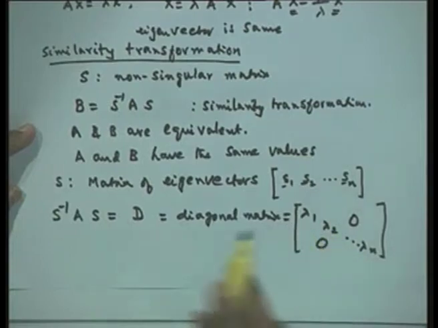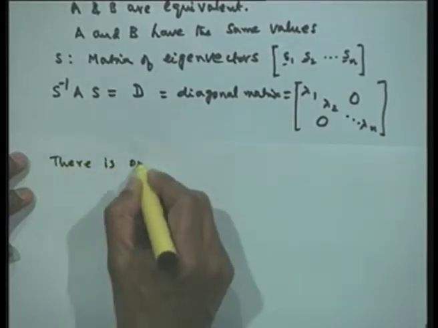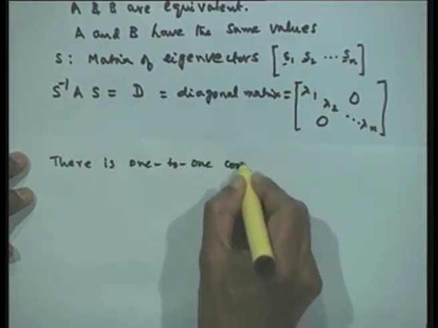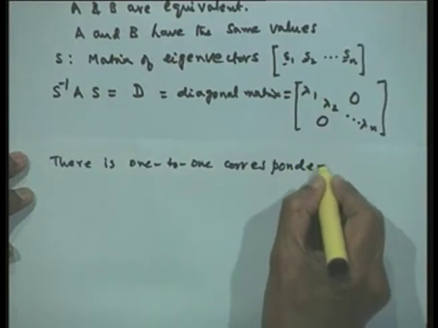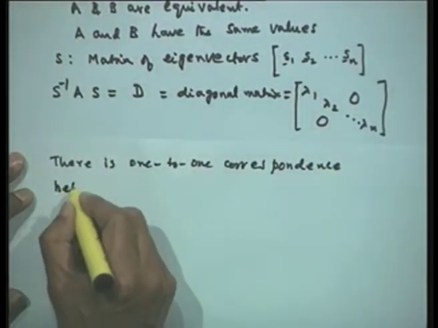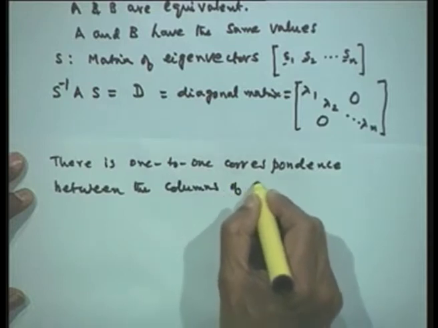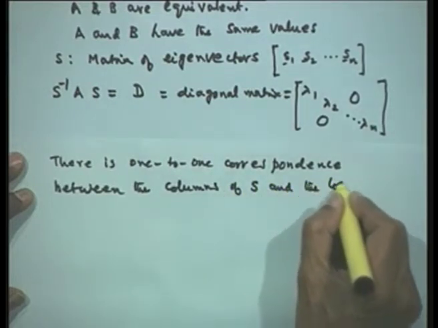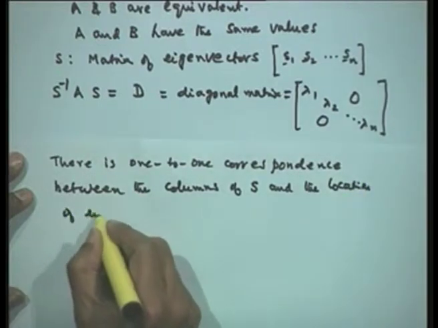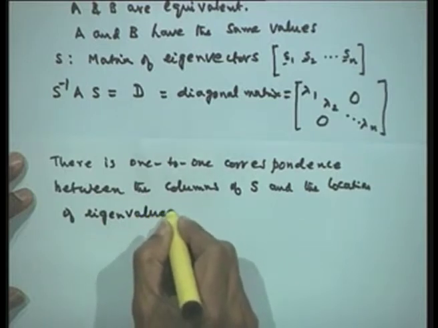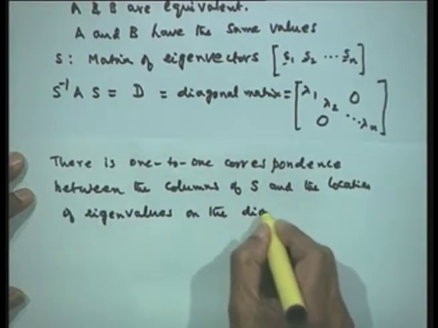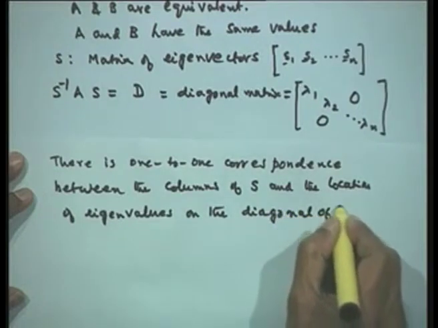That means there is a one-to-one correspondence between the columns of S and the location of eigenvalues on the diagonal of D.